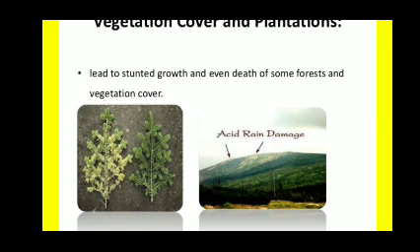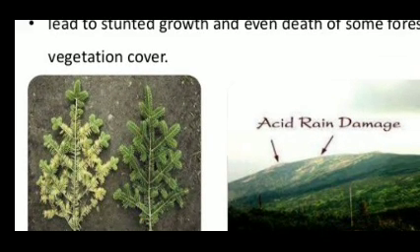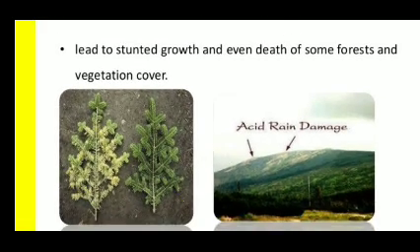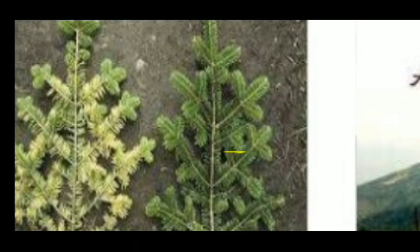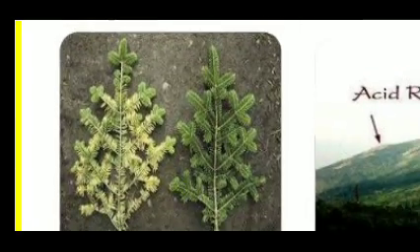Acid rain damages the surface of plants. Acid rain turns green plants yellowish. See this figure 1, a green plant converting to a yellowish shape due to acid rain.